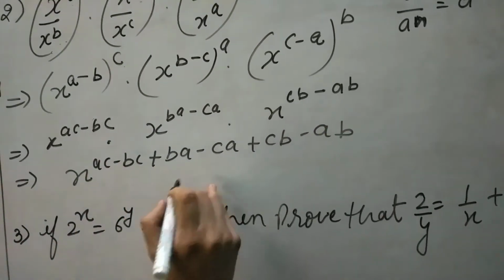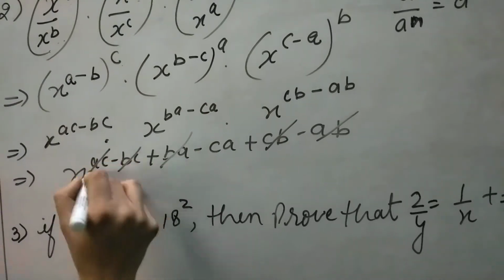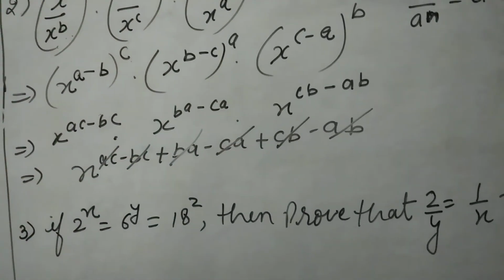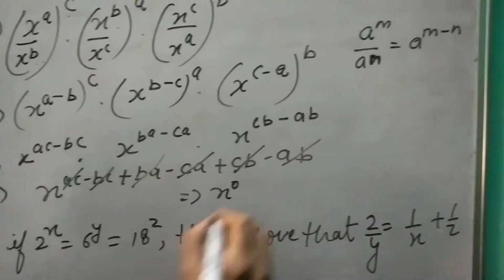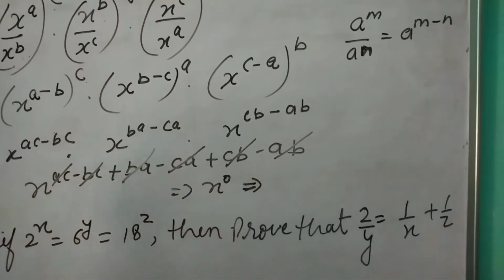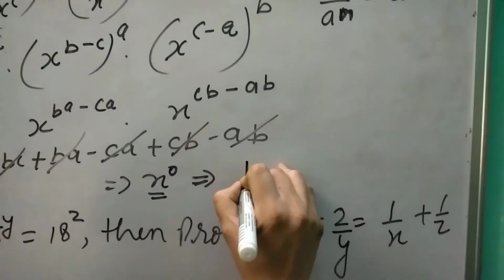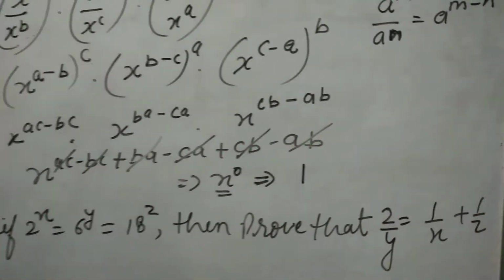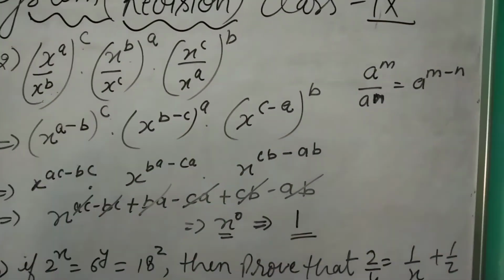So ab cancels with ba, cb cancels with bc, and ac cancels with minus ca. So x raised to the power 0, and if the power of any variable or term is 0, it is equal to 1. So x to the power 0 is equal to 1.